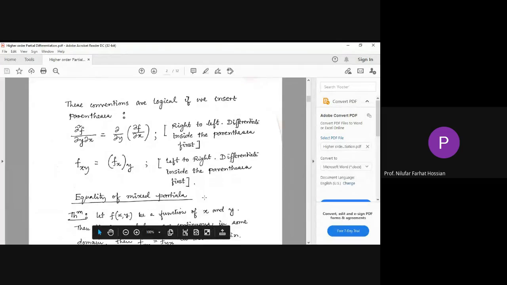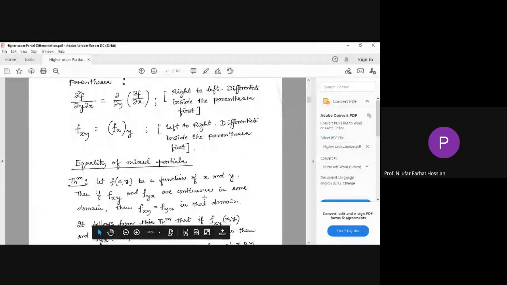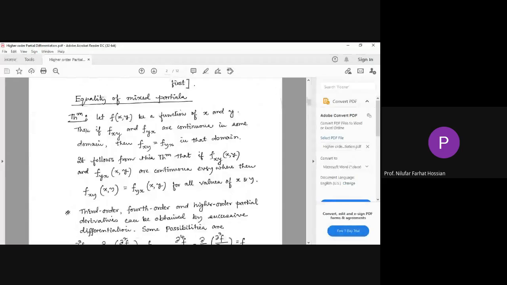Okay, equality of these mixed partials. Mixed partials means fxy and fyx. Let f be a function with second order partial derivatives in some domain. Then if these two are continuous in some domain, then these two will be equal.